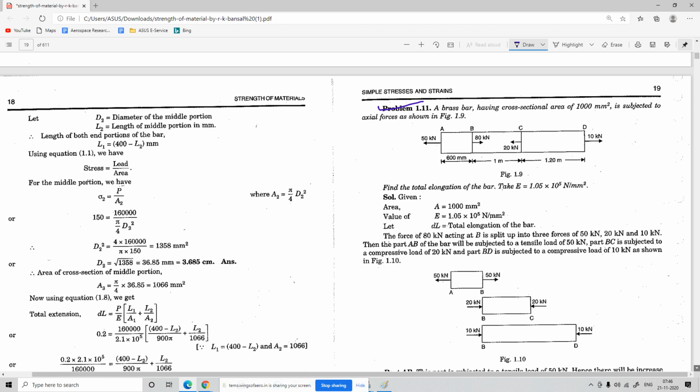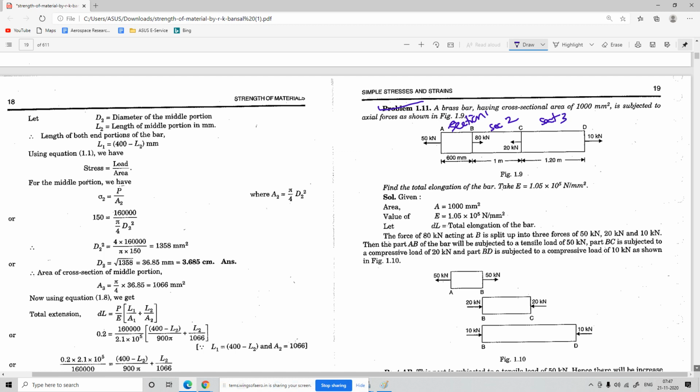The cross-sectional area is the same throughout, and the material is also the same, but the axial forces are different at different locations. You can see we have 3 sections over here: section 1, section 2 and section 3.